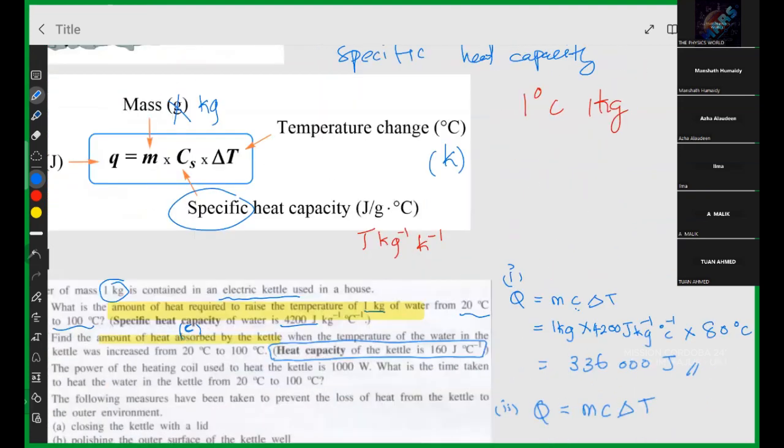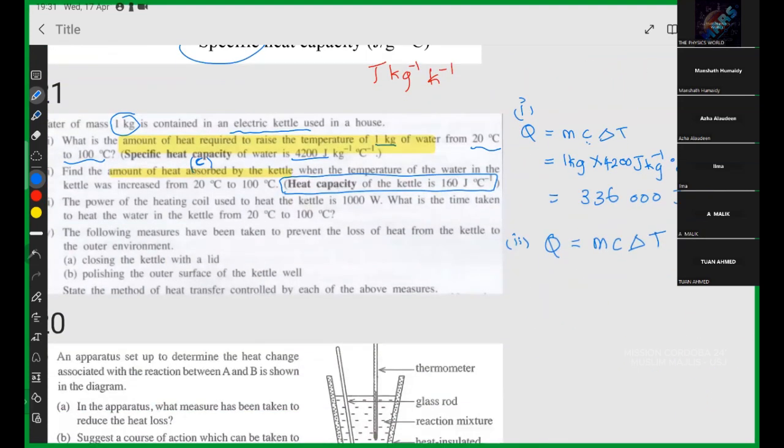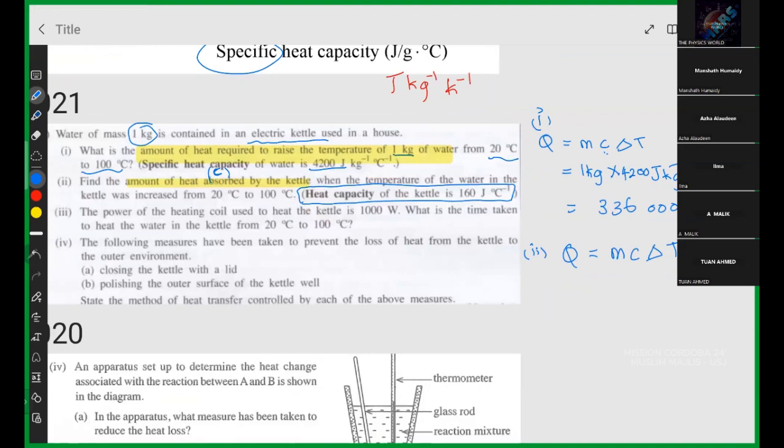Similarly, in the second question, if you want to find the heat absorbed by the kettle, they didn't give you the mass of the kettle. They just wanted you to find the heat absorbed by the kettle by giving the heat capacity, not the specific. If they mention specific only, you have to multiply with the mass. So there's no specific heat capacity, just only heat capacity you can use.